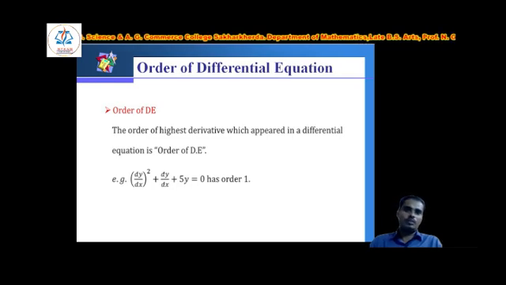That is the order of the differential equation. For example, (dy by dx) whole square plus dy by dx plus 5y equals 0 has order 1, because here it is a first order differential equation.